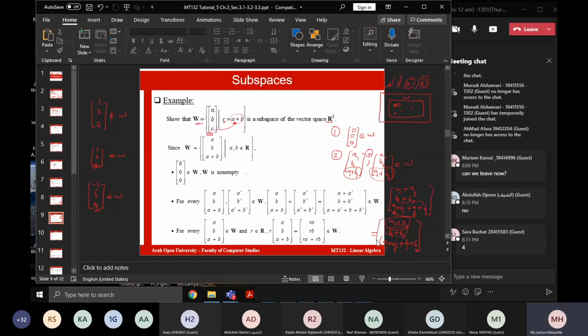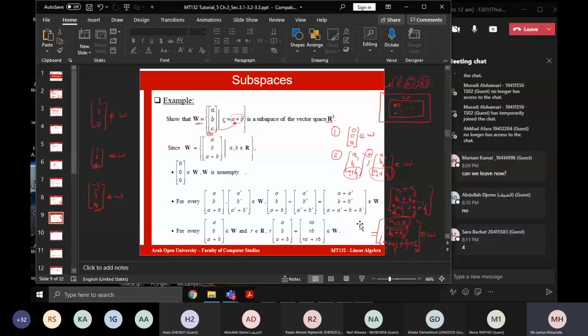So what is the result? Does it belong to W? Yeah, it belongs to W. It is in the form of them. The last one should be the addition of these two, correct? So yes, it is closed under addition.